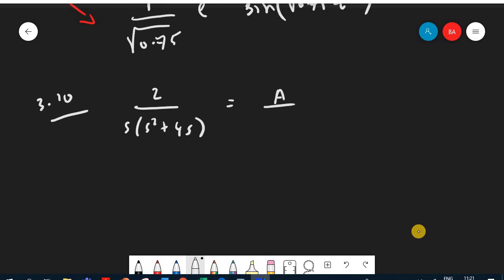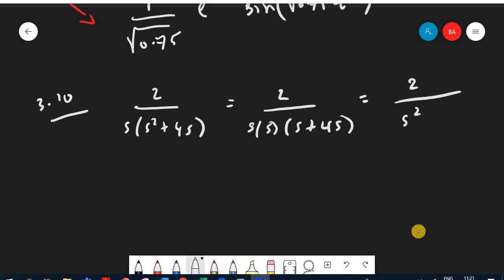This is s into s plus 4s, so it will be 2 over s squared into s plus 4.